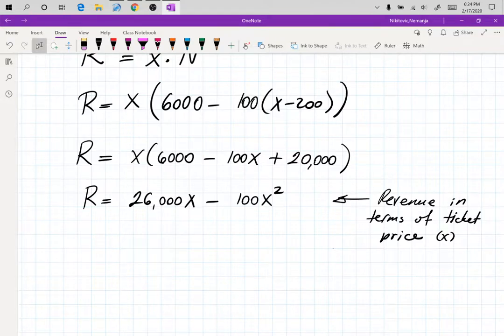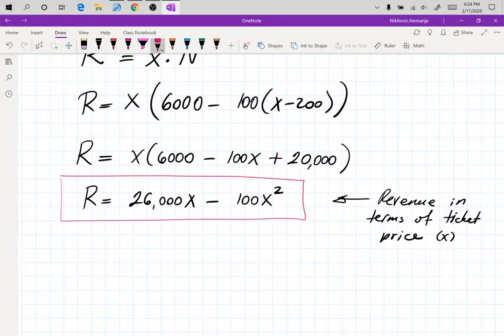Now, as you are dealing with this equation, you want to find where is the maximum revenue.